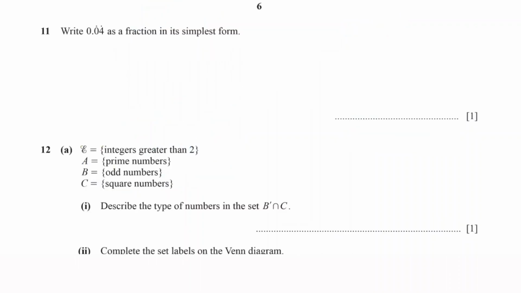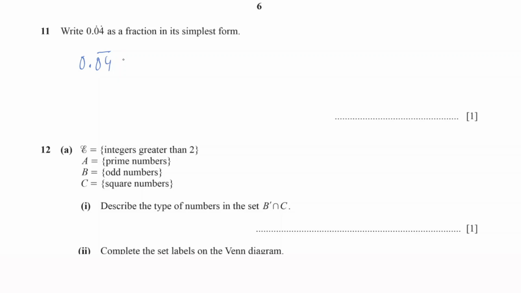Let's move on. Question number 11. Write down 0.04 recurring as a fraction in the simplest form. Recurring means repeated. Try to understand that there is a dot over there that indicates 0.04, the 04 is being repeated.